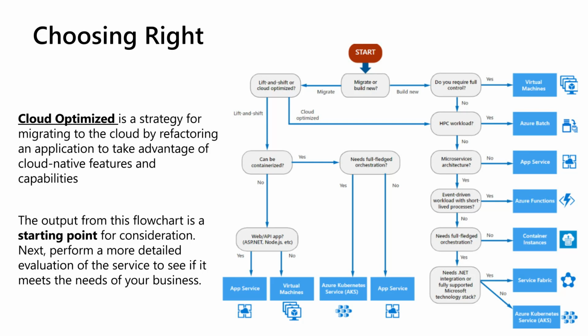This decision tree is designed to assist you with that. It's kind of like a starting principle, if you will. We leveraged it, and when you start to go through it, it really helps you think clearly and think of all the different possibilities that exist out there.